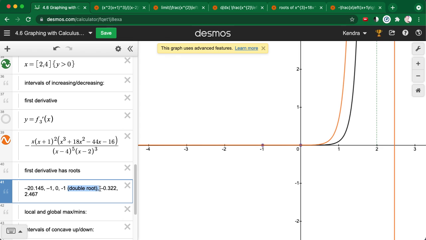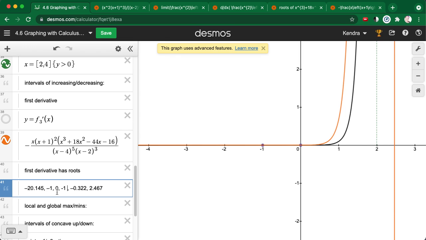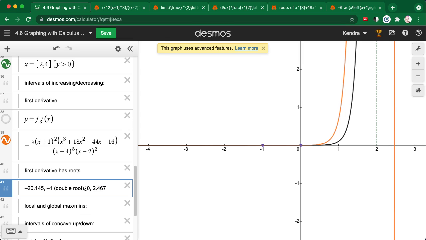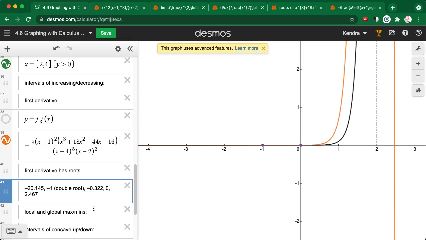Double root. The negative, that one is here.